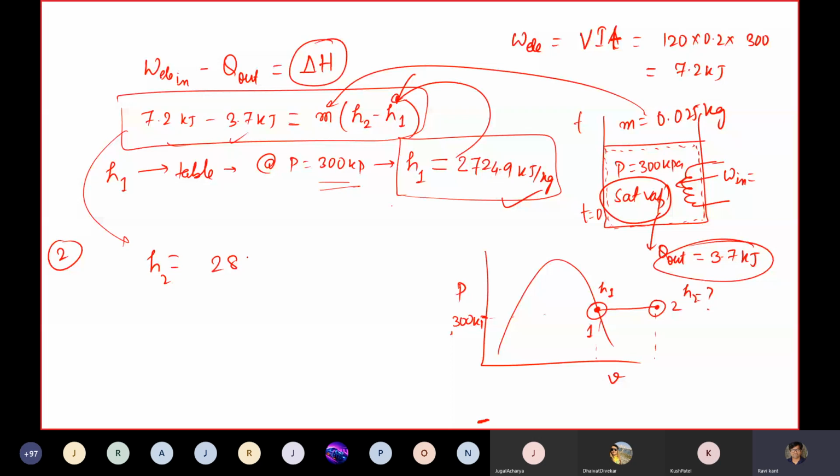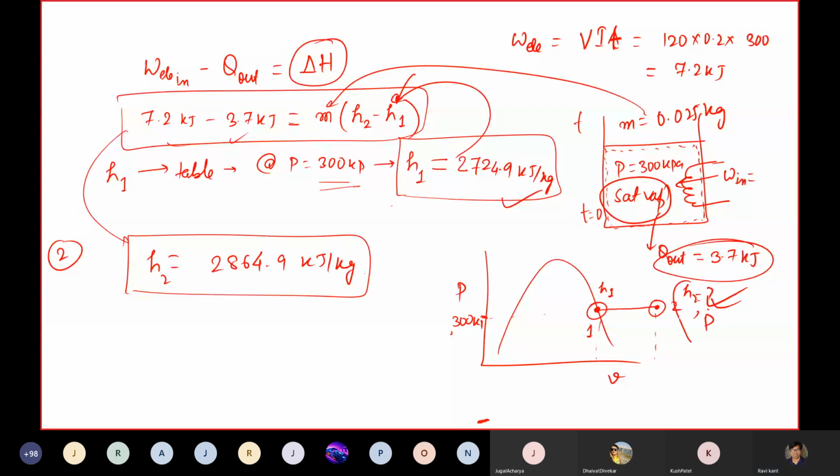Now once you have H2, what do we need to check? H2 we have found, and P is already given. Two intensive properties are given: enthalpy and pressure. So the state has been fixed.